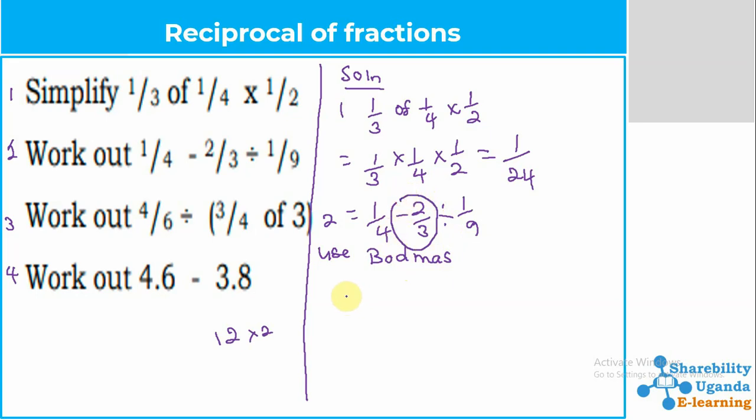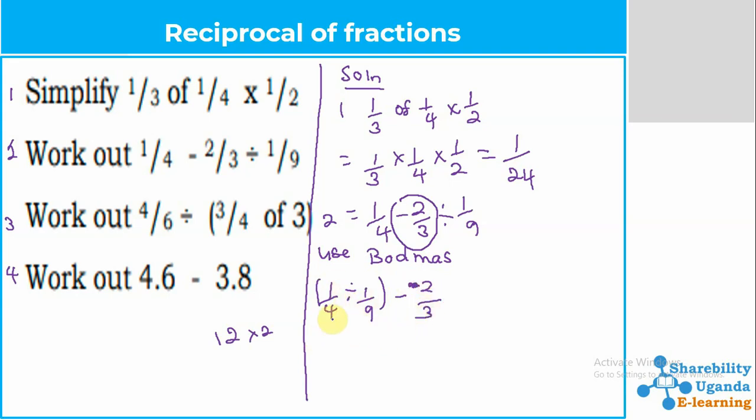So we first divide 1 out of 4 divided by 1 out of 9. Then from here we shall subtract 2 out of 3.